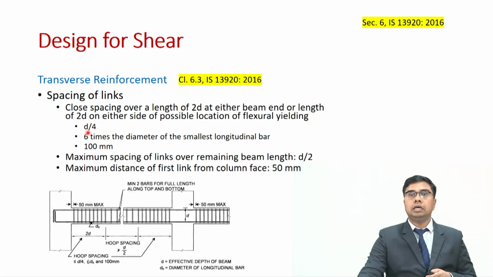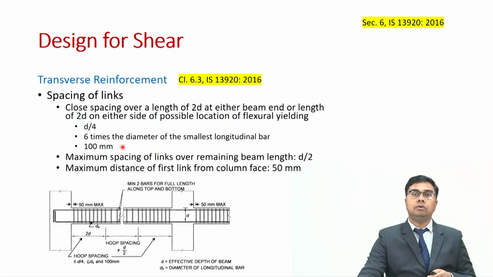What is d? d is the effective depth of the beam. What is effective depth of the beam? It is the distance of tensile reinforcement or the bottom reinforcement from the top of the beam. It is shown over here in the figure as well. So, the spacing should be at max d by 4 or 6 times the diameter of the smallest longitudinal bar or 100 mm, whichever is the smallest.